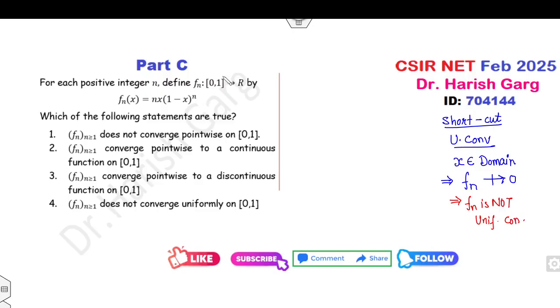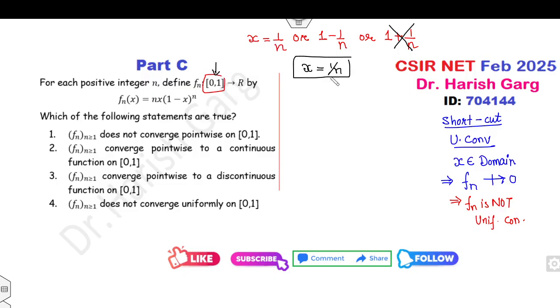What is the domain? 0, 1. You can pick any value of x. Either you can pick 1 over n, or 1 plus 1 over n, but clearly 1 plus 1 over n lies outside the domain. So I can pick x as 1 over n. When you pick x is 1 over n, what is the value of f_n?